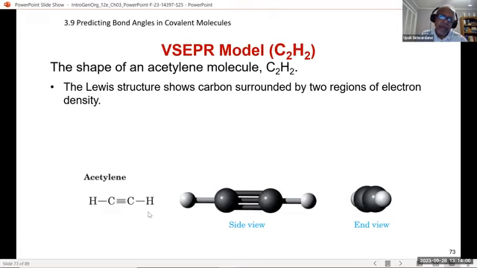Acetylene has 2 electron groups. One CH bonding electron pair, and a triple bond between carbon and carbon in the middle. So there are 2 electron pairs around the carbon atom. They repel each other to produce a linear bond angle, which is 180.